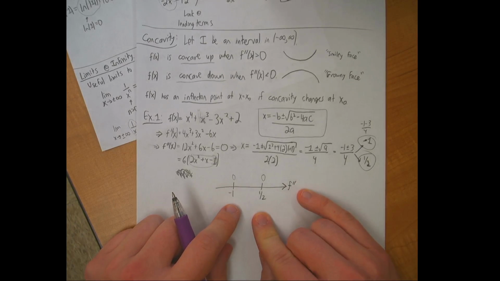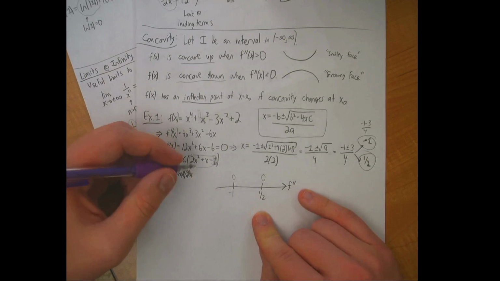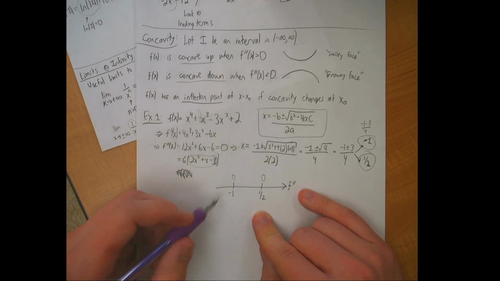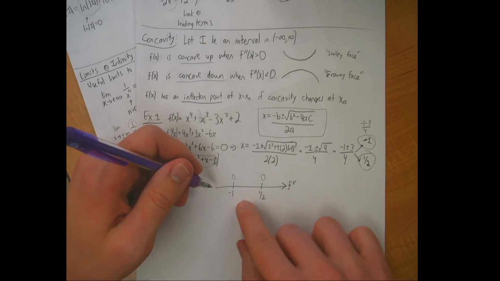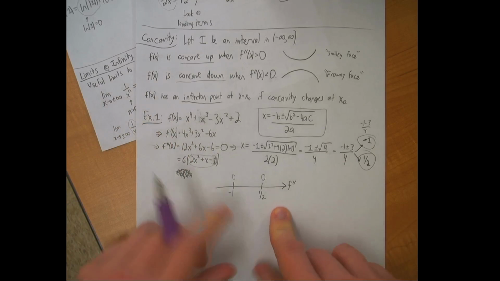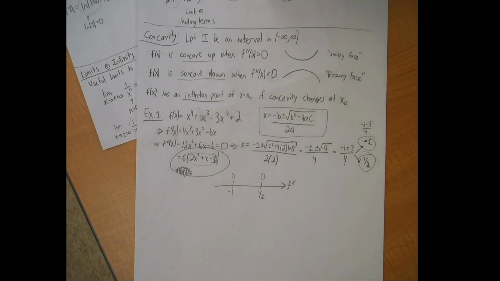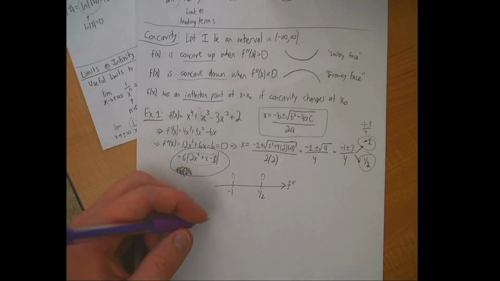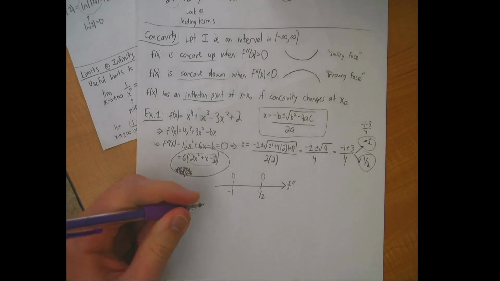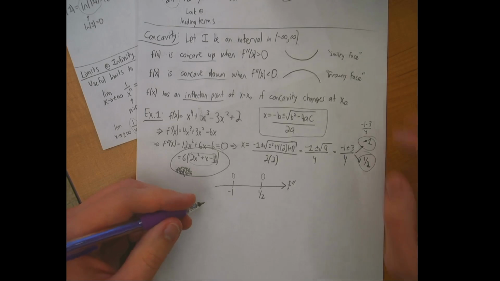If we pick various points inside each of these 3 intervals and plug them into f double prime of x, that should give you the signs of each of these 3 intervals.